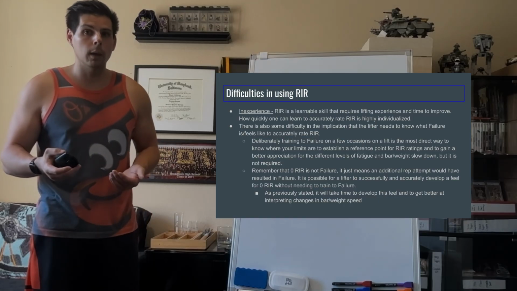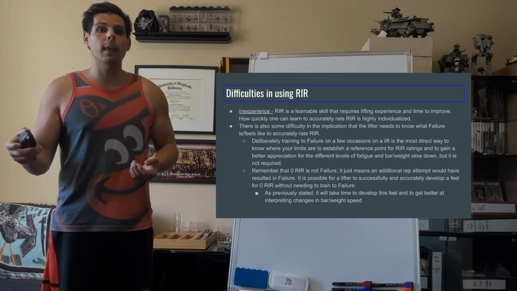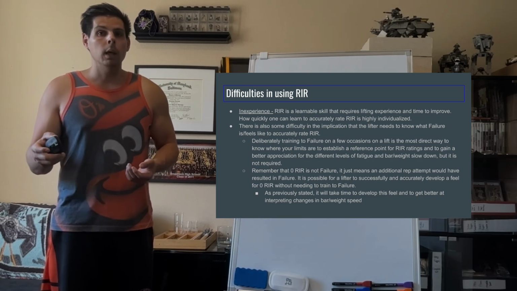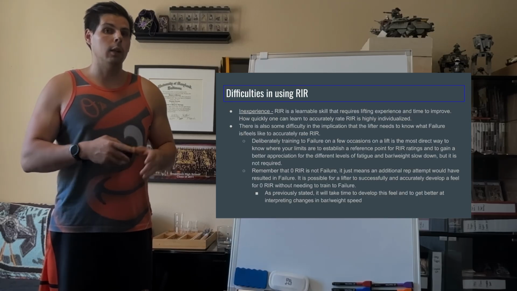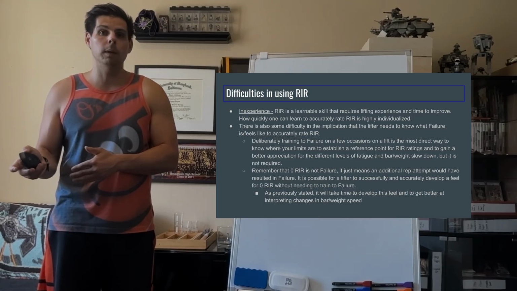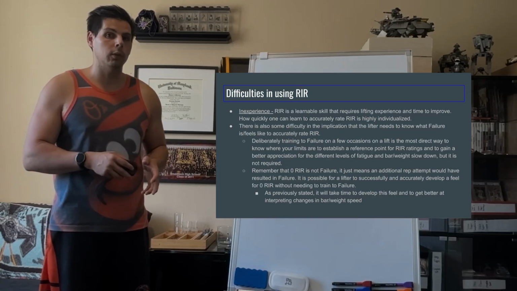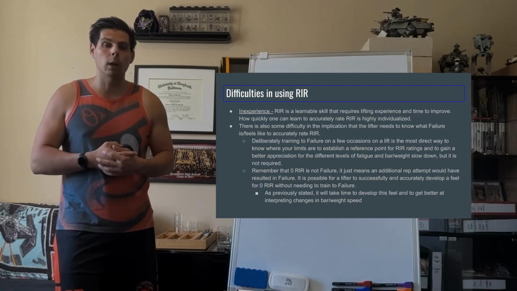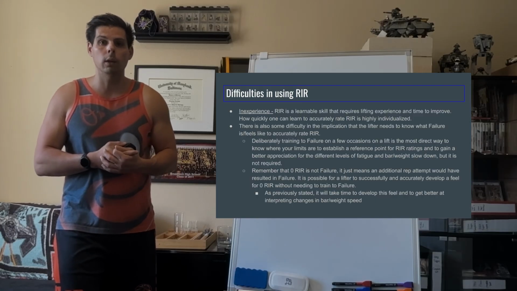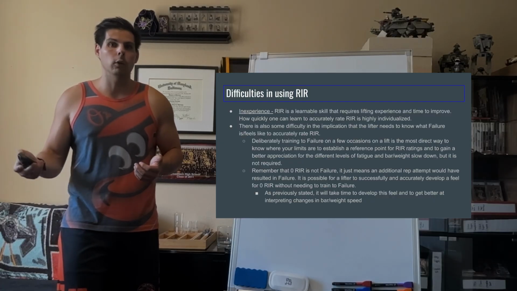So you could train to failure a few times on a given lift to know for sure, but that is not a requirement. Remember, 0 RIR is not failure itself. It just means if you went for another rep, that would be failure. It's definitely possible for a lifter, even one a little bit less experienced, that with time of lifting, you can hone in on what 0 RIR is without having to push it further and see if you really were going to hit failure or not.